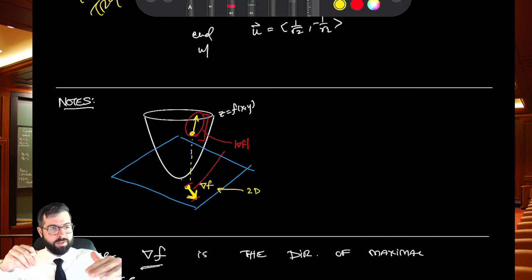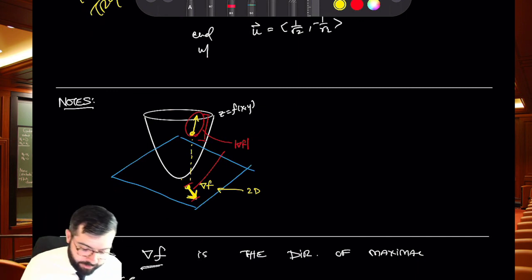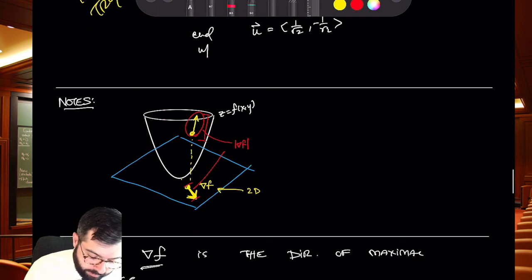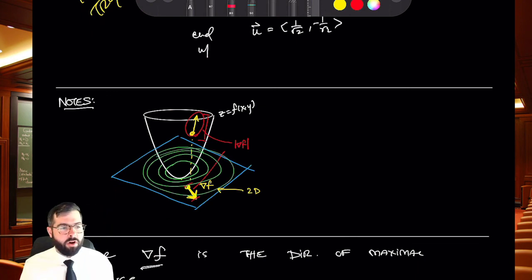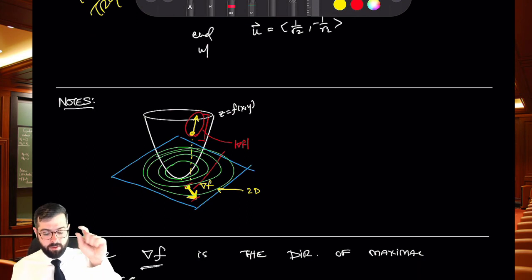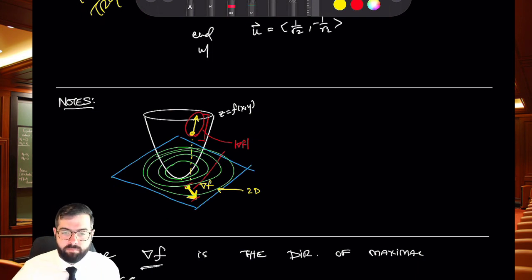It's a 2-dimensional vector, but the surface itself is 3 dimensions. And you could see, if we took level curves here of this paraboloid I drew, at any one of these level curves, the gradient del f would be normal to those curves.